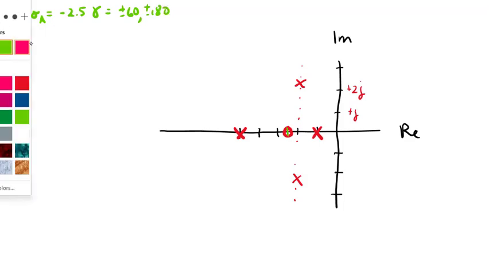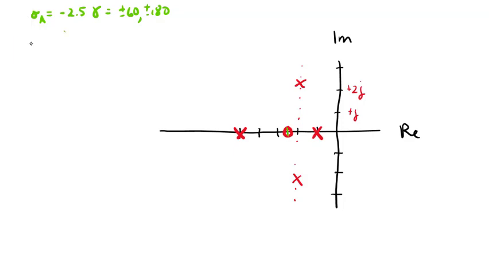Make that a little smaller. Okay, so from this point, we have an asymptote that goes this direction, and we've got one that goes this direction and this direction. Okay, this is 60 degrees. This is 180 degrees.